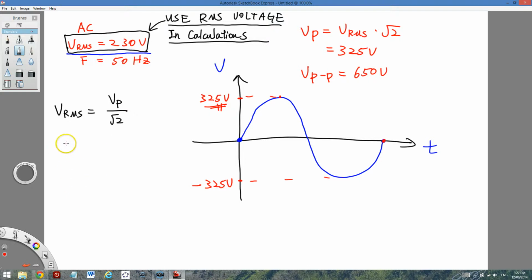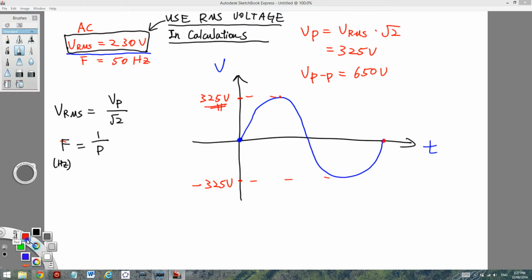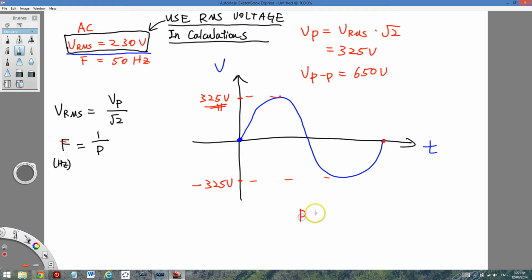Using the formula, and again, if you can't memorize it, put it on your formula sheet, the frequency in hertz is 1 divided by the period. So the period equals 1 divided by the frequency, which is 1 divided by 50, which is 0.02 seconds. So the whole period is 0.02 seconds.